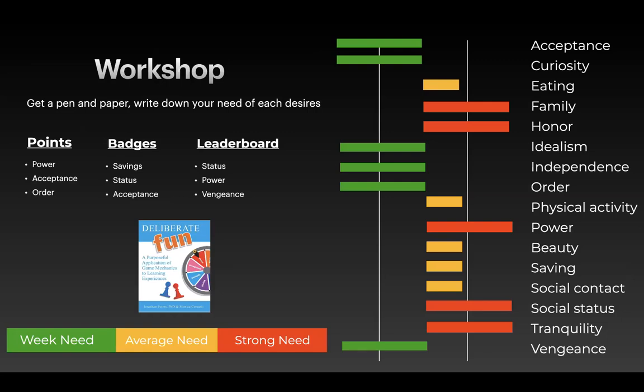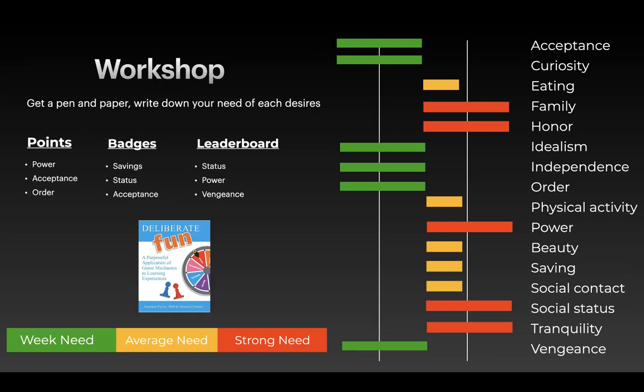So for example: acceptance, curiosity, eating, family, honor, idealism, independence, order, physical activities, power, beauty, saving, social contact, social status, tranquility, vengeance. You can draw two lines. In the middle will be average.